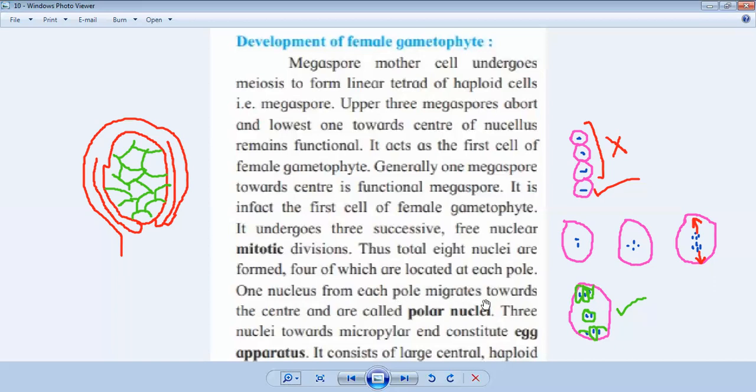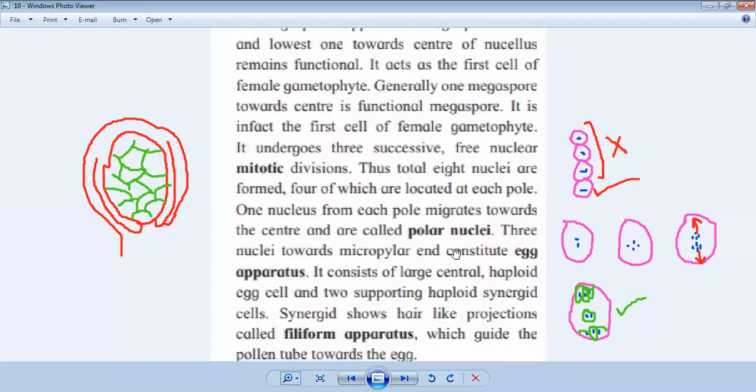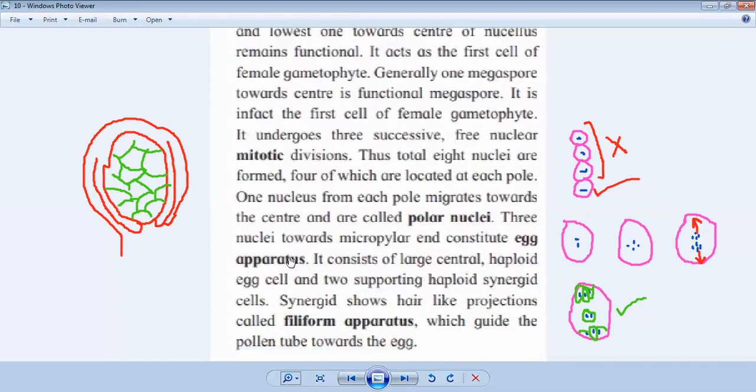One nucleus from each pole migrates toward the center and they are called the polar nuclei. 3 nuclei toward the micropolar end constitute the egg apparatus. It consists of the large central haploid egg cell and 2 supporting haploid synergid cells.